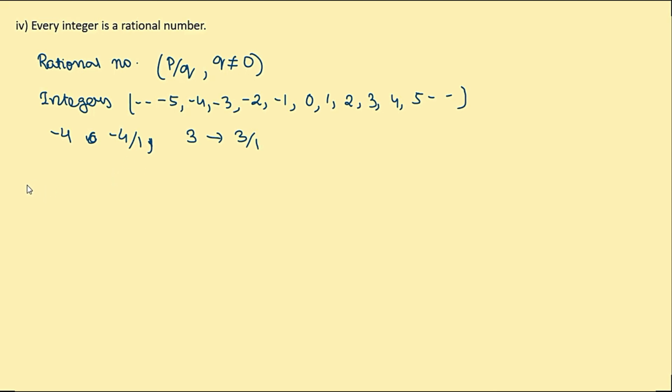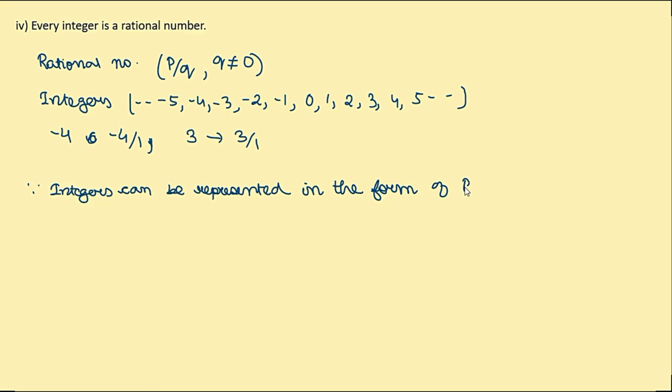So how will you represent the answer? Since integers can be represented in the form of p by q, where q is not equal to 0, so therefore every integer is a rational number.